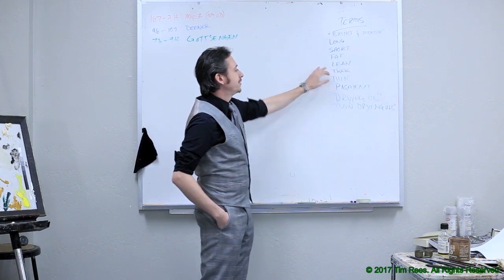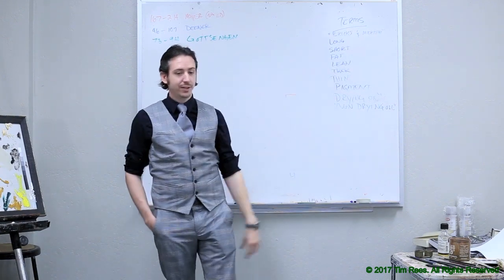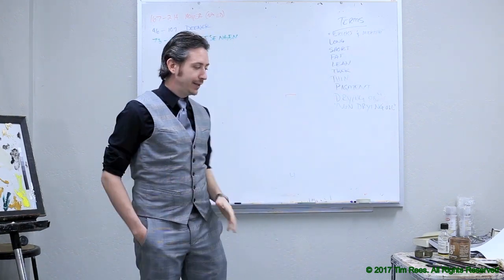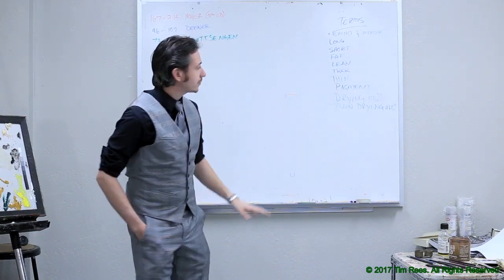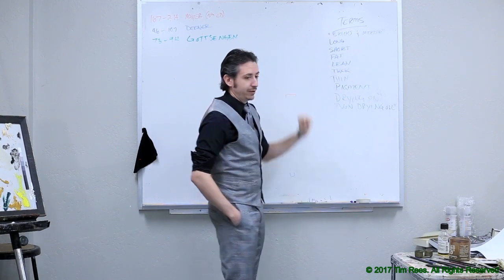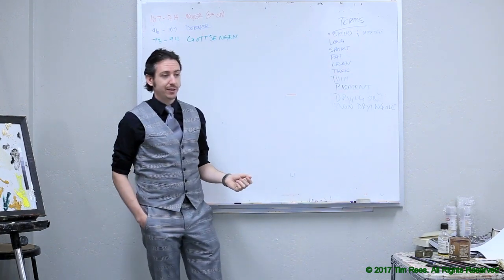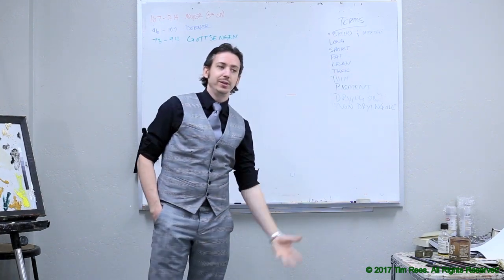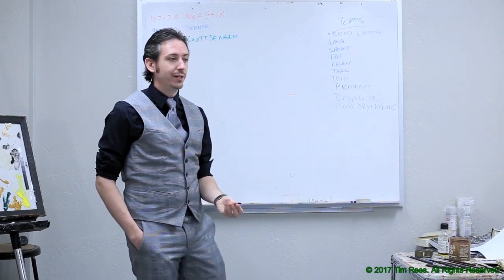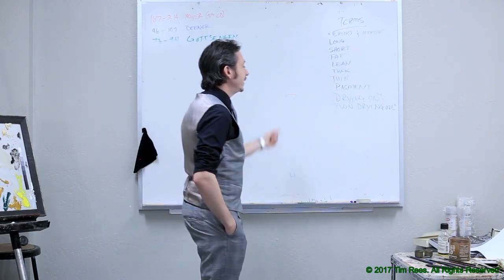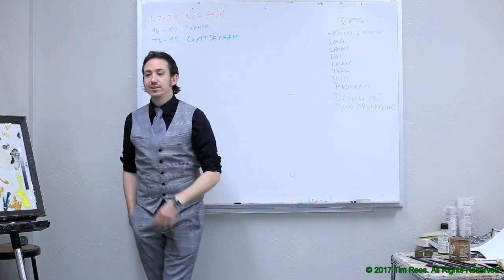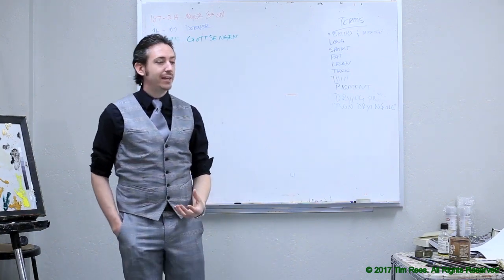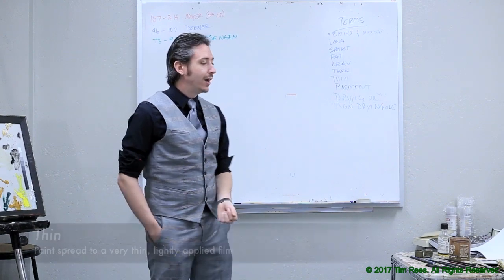Another phrase you'll hear is thick and thin. A lot of times you'll hear thick over thin. People will use that phrase for a few different things. Sometimes they mean fat over lean when they say thick over thin. So thick would be fat paint, thin would be lean paint. But other times it refers to the actual consistency of the paint, the actual thickness of the paint.